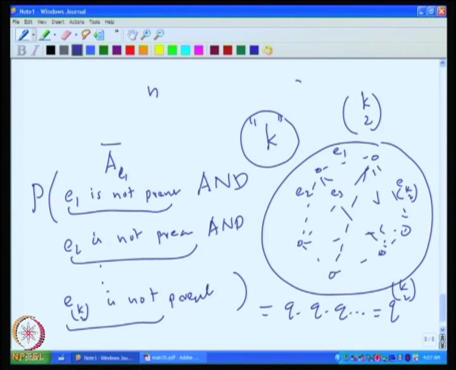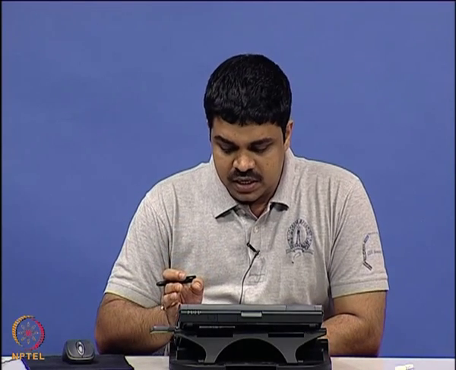Now, if you ask whether I can get an upper bound that there is a k sized independent set in the graph. The independent set can occur in any of the possible k vertex sets. So, there are n choose k such possible vertex sets, any of the k subsets among these n choose k possible subsets.